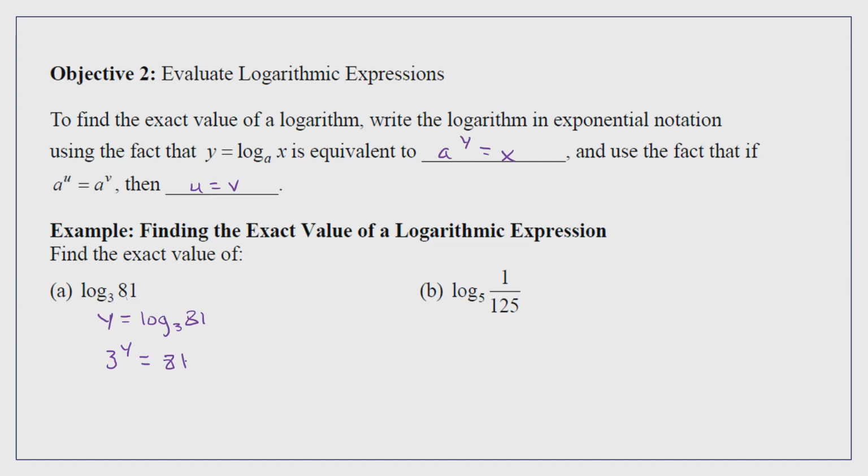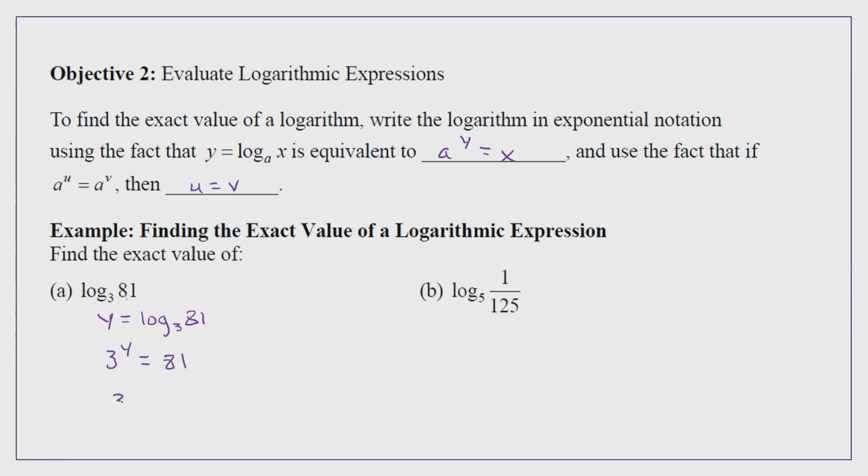Now we have 3 to the power y on the left-hand side and 81 on the right-hand side. So to solve for y, we want to make the same base on both sides. Right now we have 3 on one side and 81 on the other. Can I make one of these bases look like the other? And I sure can.